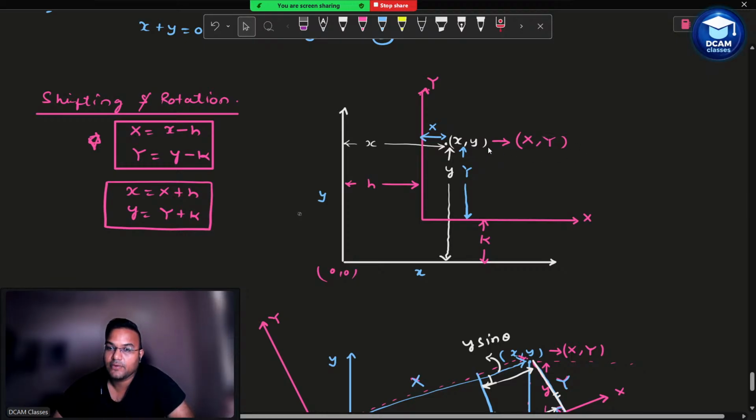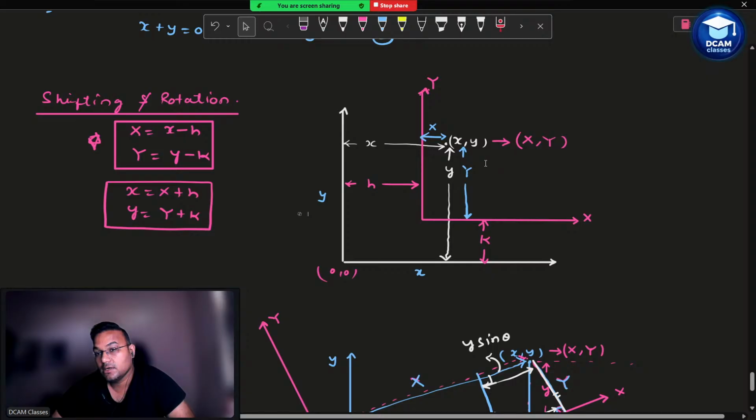That we have to find. It's actually very easy, because when you have a point x, y, the distance of the point from the y-axis is small x, and the distance of the point from the x-axis is small y.